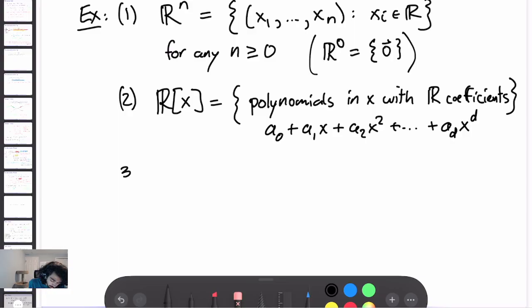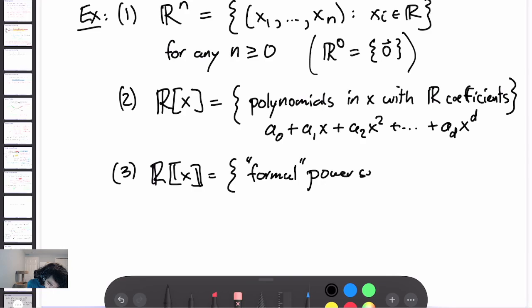We could get a little bit wild here. For polynomial purposes, it's important that this stops, but for vector space purposes, it's not. So also talk about formal power series, again with real coefficients.